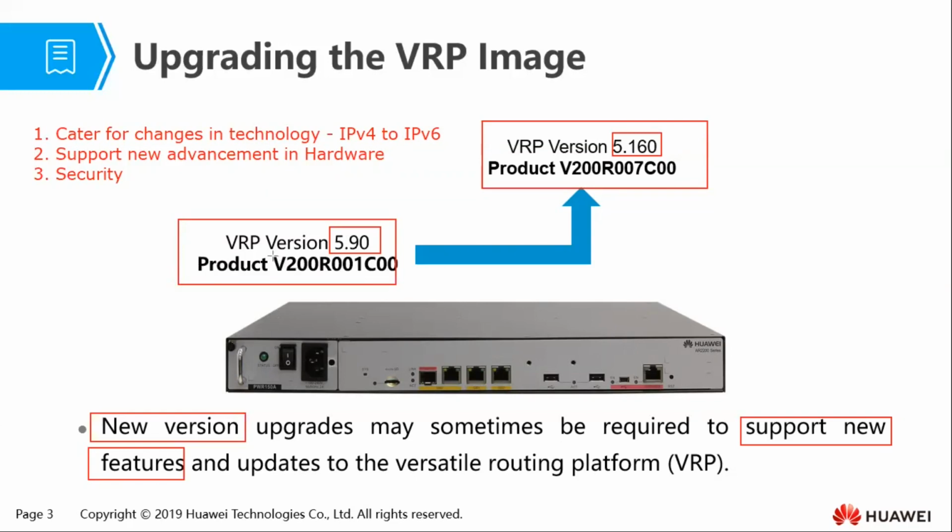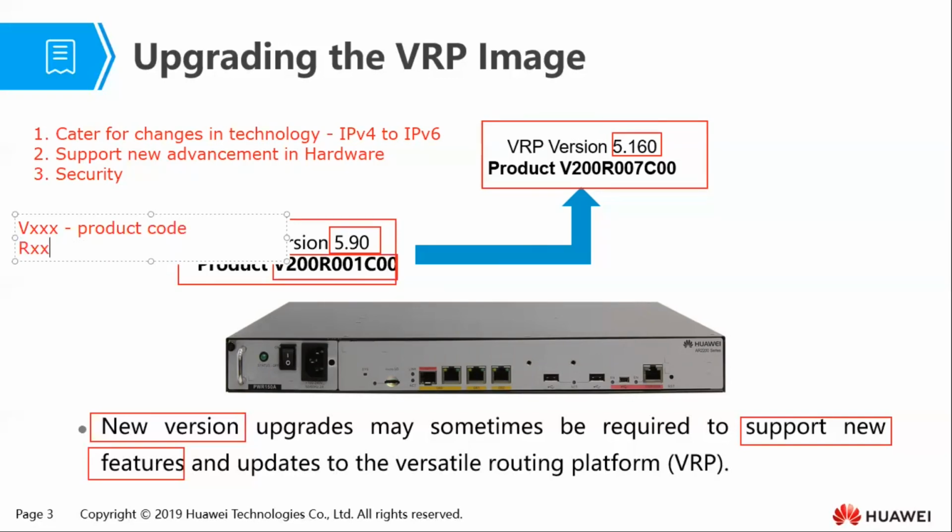Most of the time, these versions will have a number like V200R001C000. When we have V followed by a number, this is used to give us the product version, or the product code.